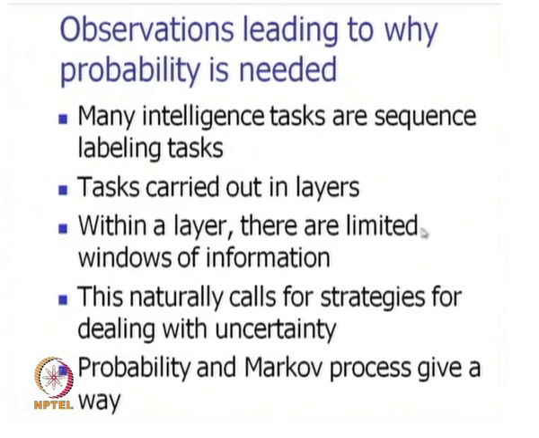Within a layer, there are limited windows of information, and this naturally calls for strategies for dealing with uncertainty. The moment the information becomes limited, we know that we do not have all information to make a decision, and therefore, we must be resilient to uncertainty. We must have strategies for dealing with them. Probability and Markov processes give a way of dealing with uncertainty.